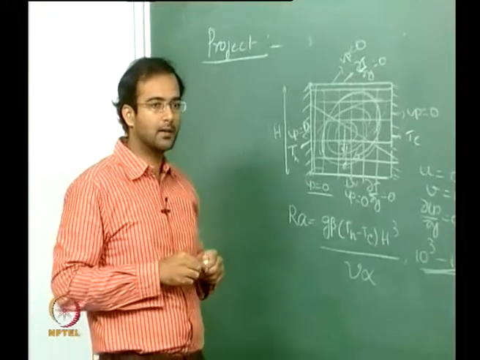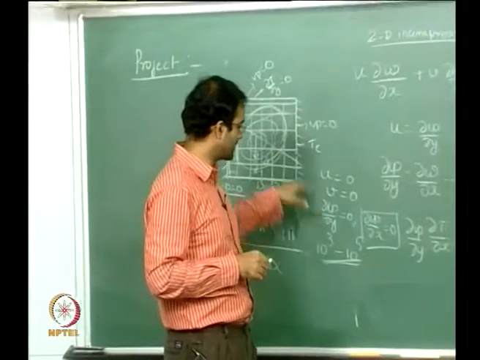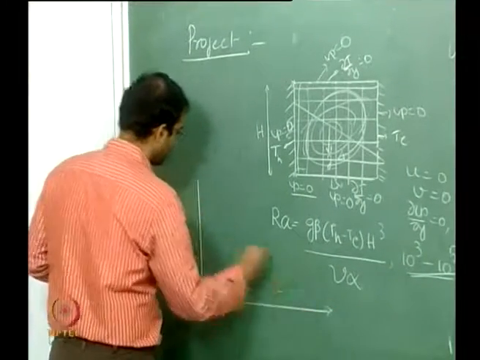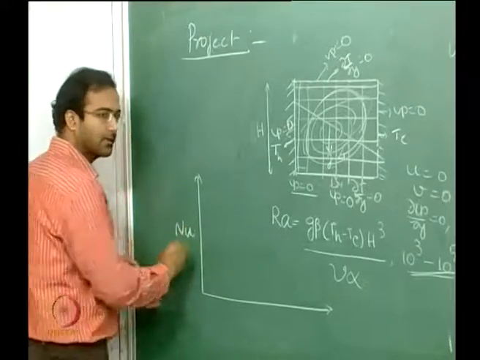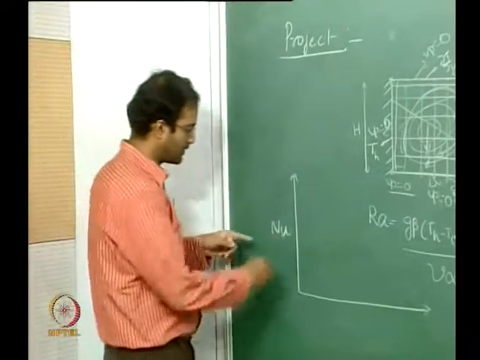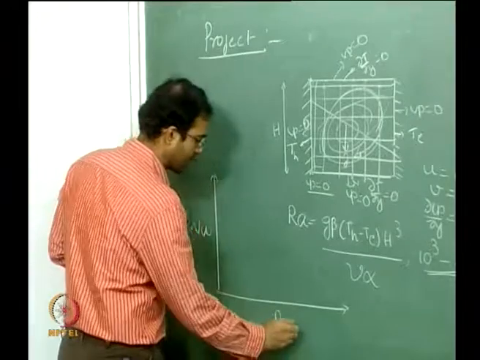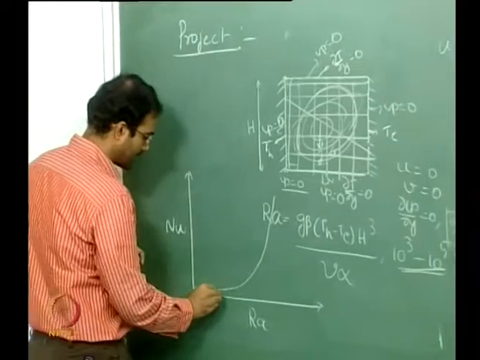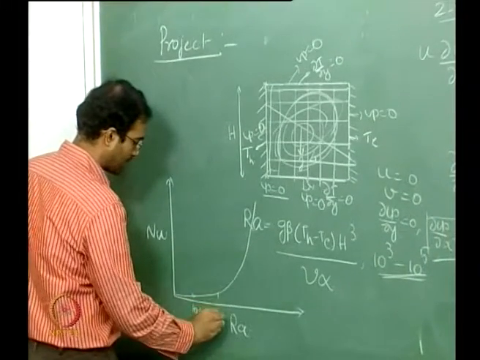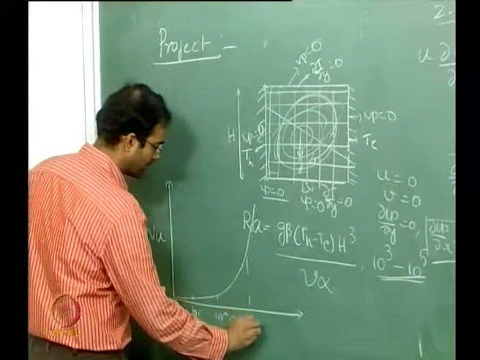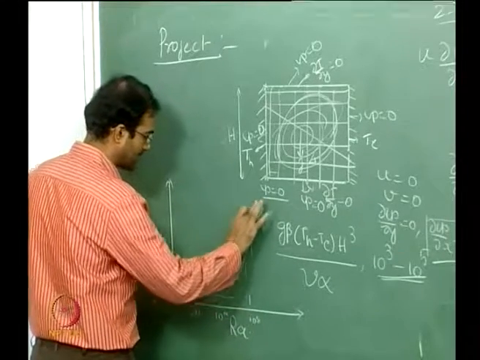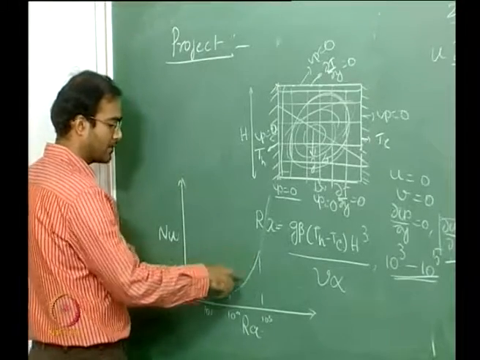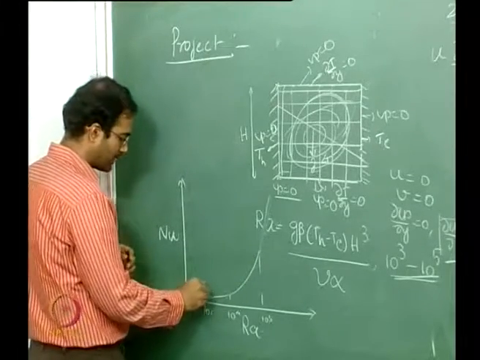Already in the document for 10 power 3 I think he has given the streamlines, and also for 10 power 4, and you should also plot the Nusselt number that you get as a function of the Rayleigh number. I think in the document he has also said you start with say 10 power 3 and then 10 power 4, 10 power 5, and you can stop with 10 power 5, just as a representative, and you can see the computed values which he has given there and your computations.